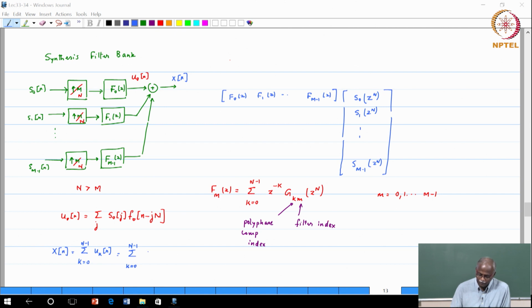No, there are only m minus 1. Always have to check that, because this redundancy part, you have to be careful with the writing. So, this is m minus 1 and this is also m minus 1. Okay. Summation k equal to 0 to m minus 1 of uk of n.